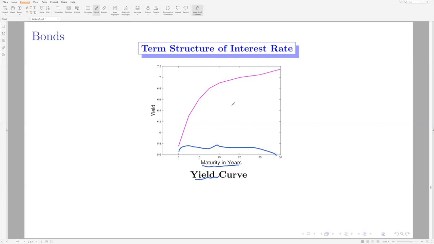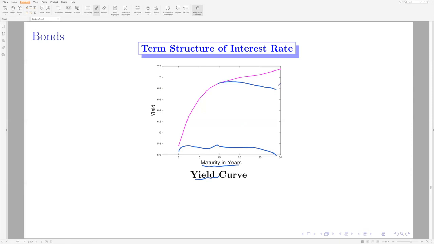Therefore, they don't want to go for longer term bonds today when the inflation rate is very high. So on such occasions, you will see that the yield curve may go like this. But in any normal circumstances, you will always see that yield goes up as the maturity period is larger.